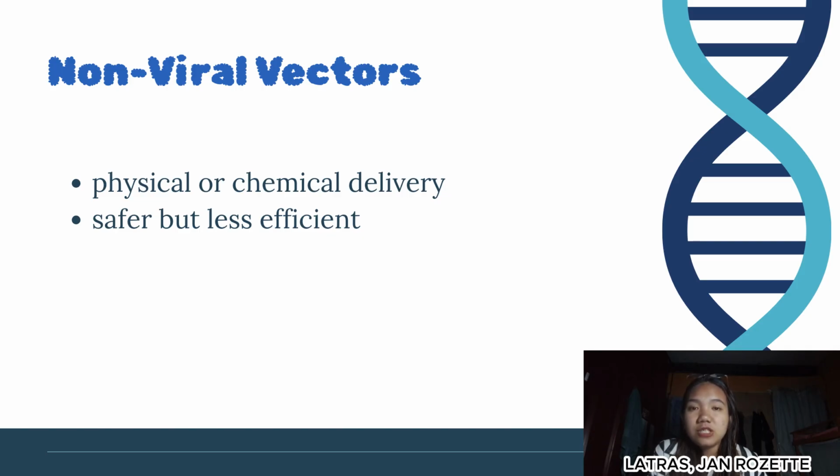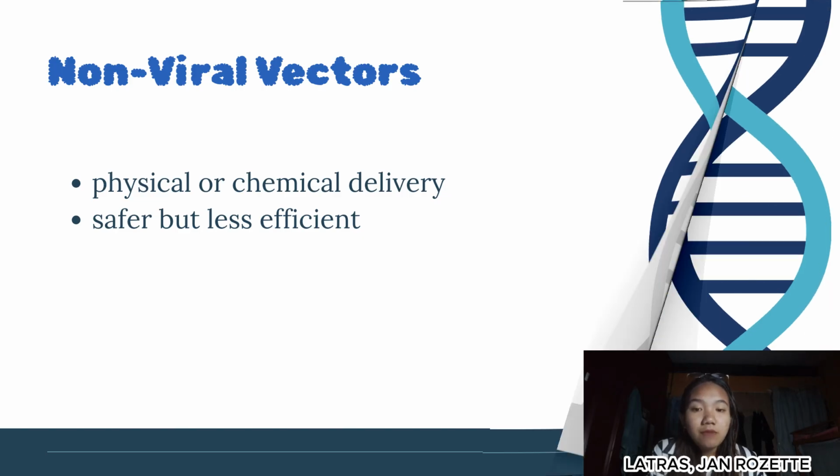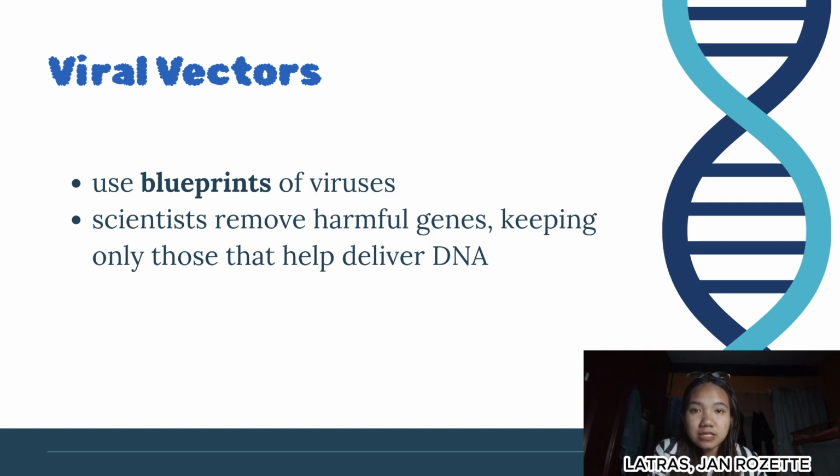These methods are advantageous for being less likely to cause an immune response, having lower production costs, and the potential to carry larger genetic material, although they traditionally face challenges with efficiency compared to viral vectors. And lastly, viral vectors are modified viruses used as a delivery vehicle to carry therapeutic genetic material into a patient's cells to treat or prevent diseases.